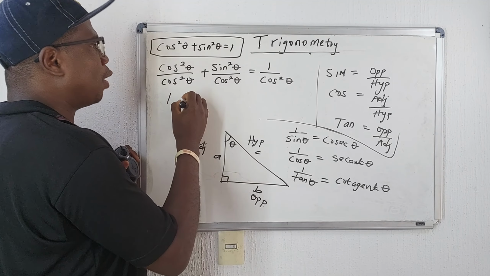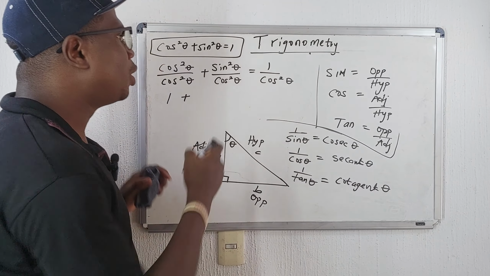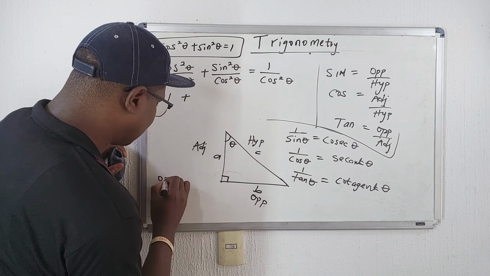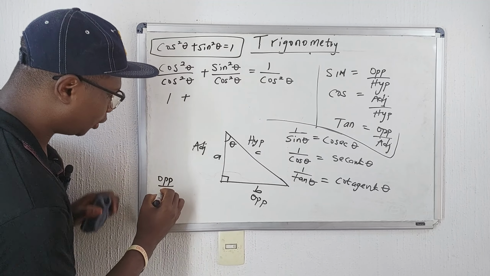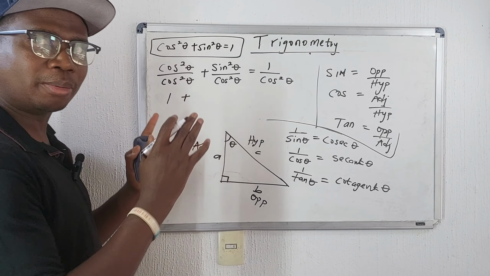Now, if we divide this, we have 1 plus. Now, how do we get sine squared theta over cos squared theta? We know that sine theta is what? Opposite over hypotenuse, right? Let's forget about the square first.